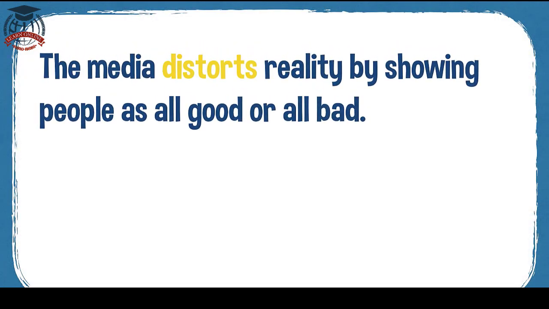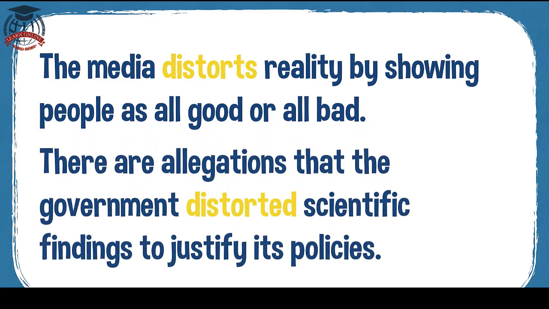And your next word, distort. If you distort an object, you pull it so that it's out of shape, but you can also distort facts and ideas. So if you distort facts or ideas, you report these facts and ideas in an untrue way. So, for example, the media distorts reality by showing people as all good or all bad. They're distorting reality. There are allegations that the government distorted scientific findings to justify its policies.